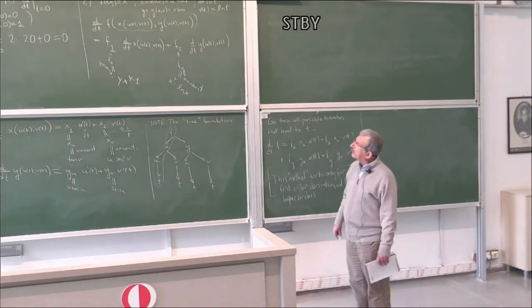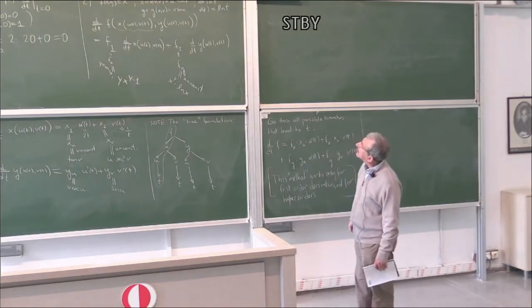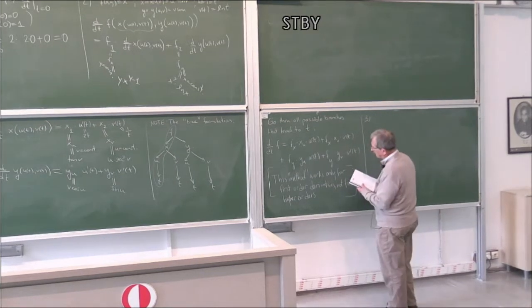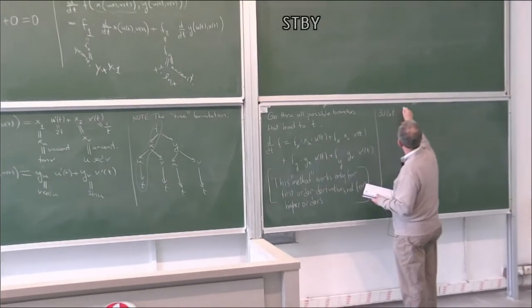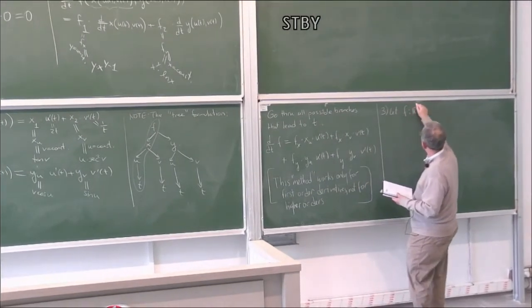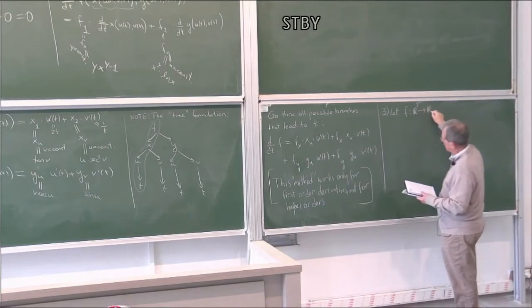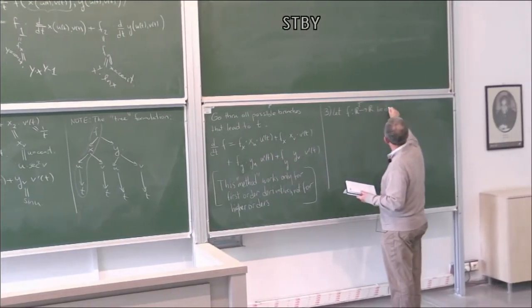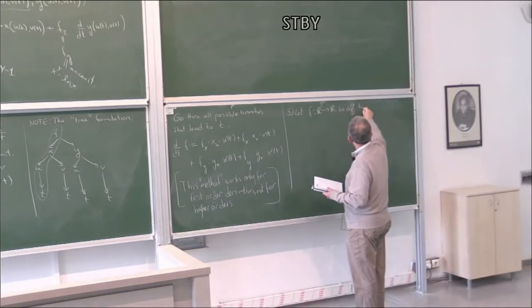So a higher order example, say 3, is the following. Let f be from R2 into R, be differentiable twice.